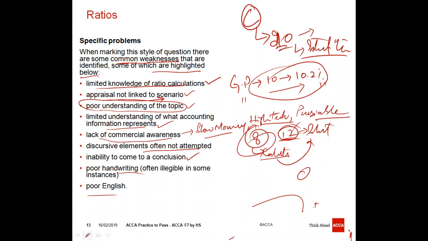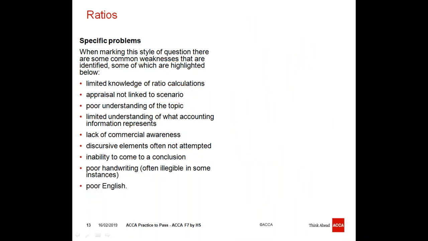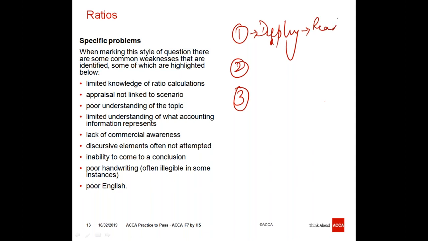Now, what are the most important points that you should understand when you are attempting the ratios question? The first thing that you should know is that the examiner wants you to deeply read the question first, so that when you are writing your answers you know what areas you have to cover.